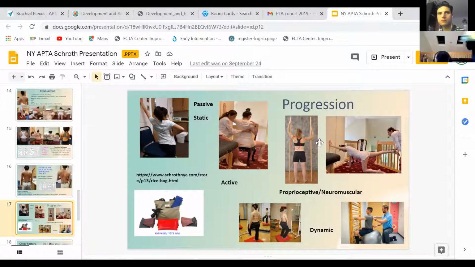Oftentimes, at first we use these bean bags in supine or side lying to train them. For example, if I'm in side lying, I lay them down towards that convex side. Now not only am I feeling proprioception, but it's like my hands pushing on the rib cage.